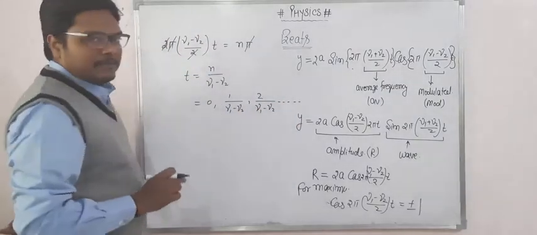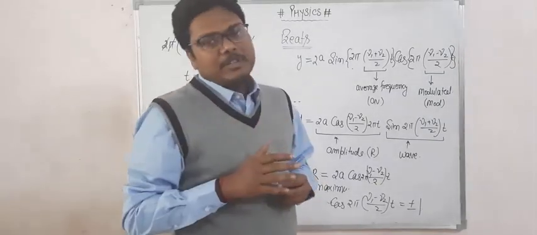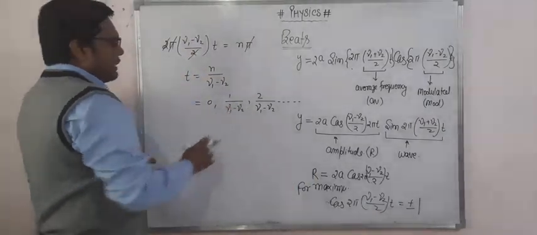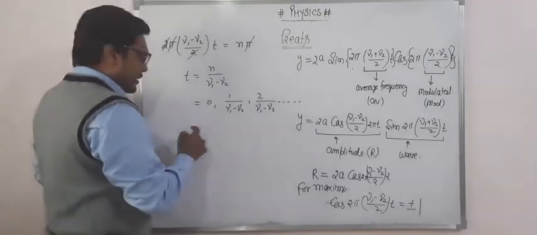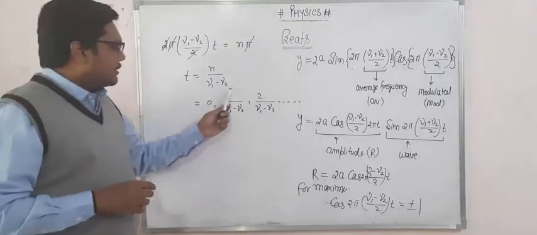I told you that for successive maxima we count between two ups or two downs. So for successive maxima, the difference between these two values of t is 1 upon (nu1 minus nu2).